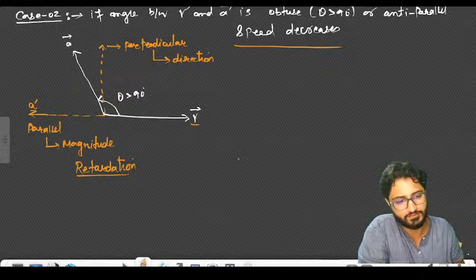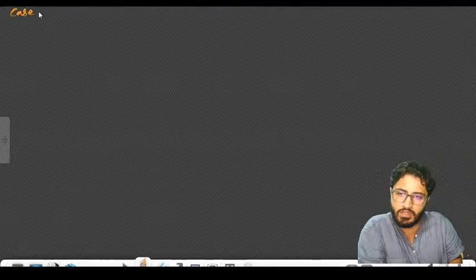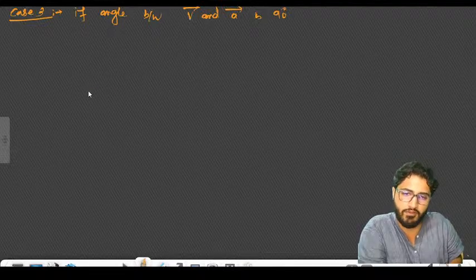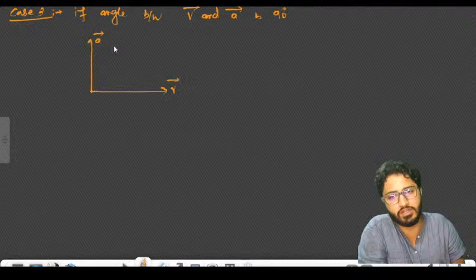Third case. Case number 3. If the angle between velocity and acceleration is 90 degrees, that means if my velocity is going in this direction and my acceleration is in this direction, then look, only the perpendicular component is present.